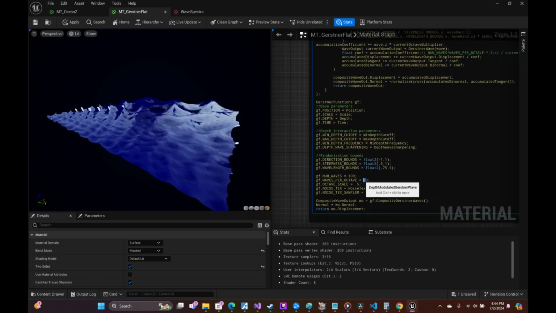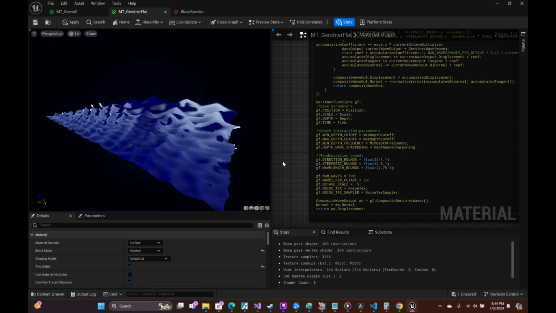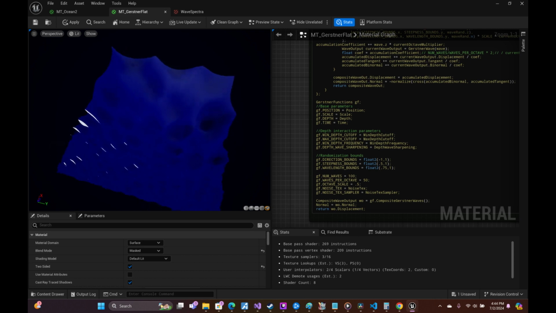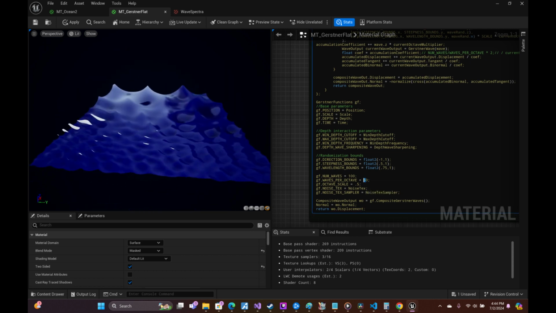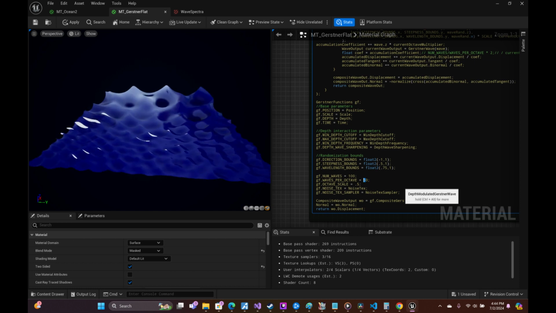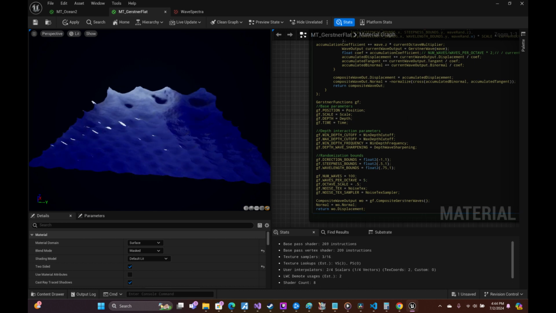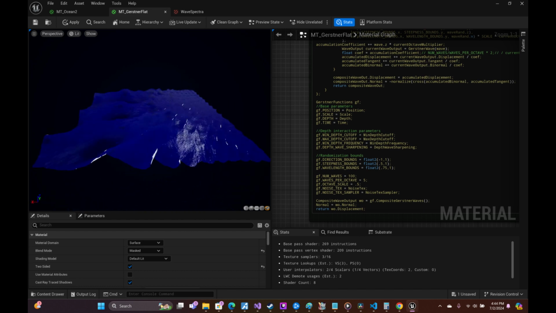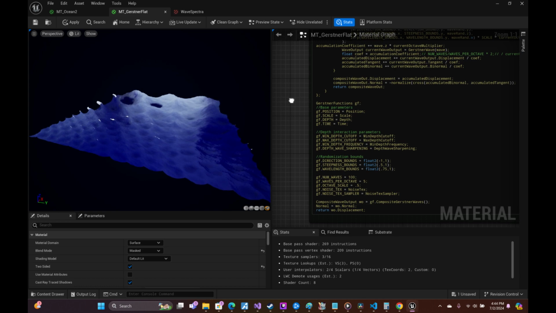So we'll change it to 50 waves per octave. Is that actually pretty consistent? What about 5? That might actually be pretty consistent.